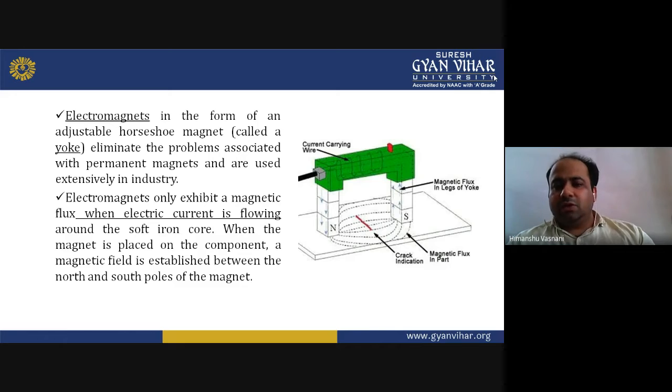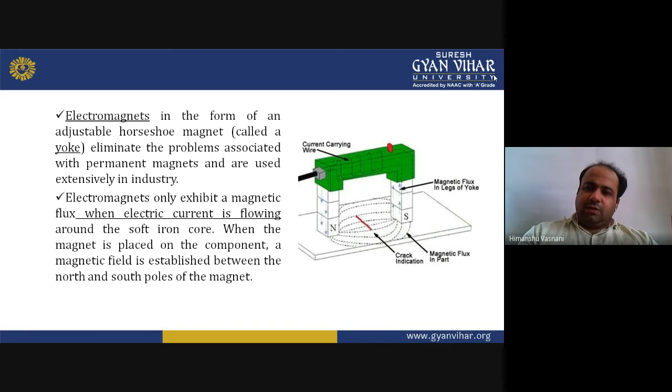You can see the north pole and the south pole on the right hand side, and you can see there is a magnetic flux in the legs of the yoke. The yoke that we are discussing is an electromagnet. And you can see a current carrying wire in the green color.